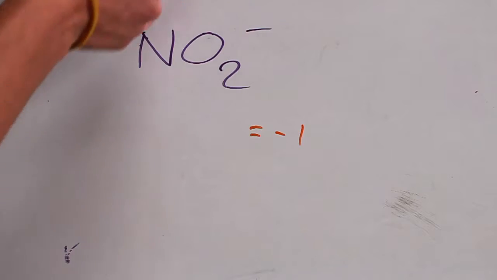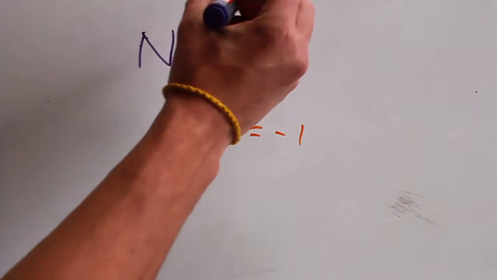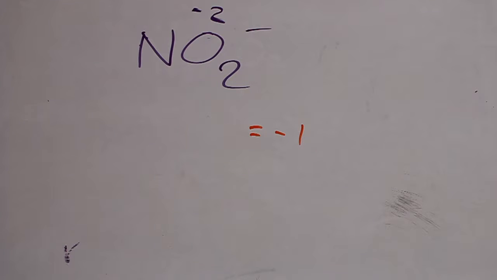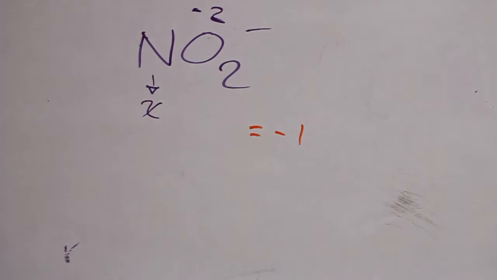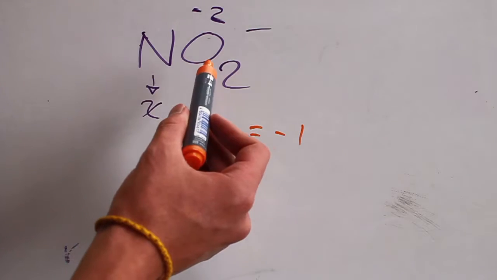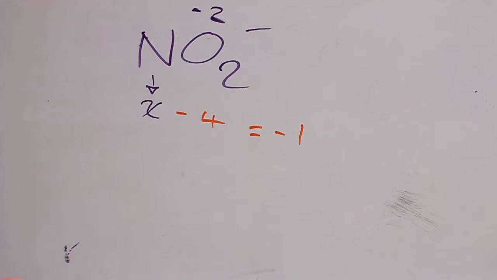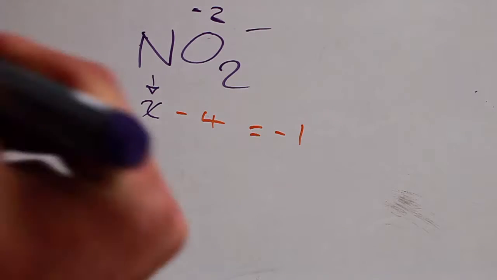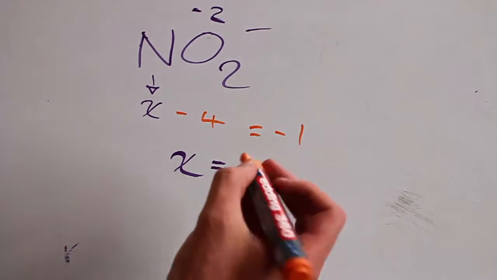Oxygen, according to rule number 6, always has an oxidation state of -2. Because no direct rule applies to nitrogen, in this case we assign an X to it. And because we have 2 atoms of oxygen, which has an oxidation state of -2, we subtract 4. If we solve for X, we get that nitrogen has an oxidation state of +3.